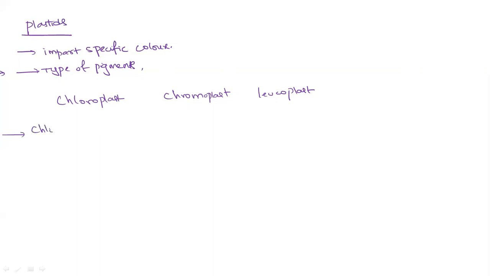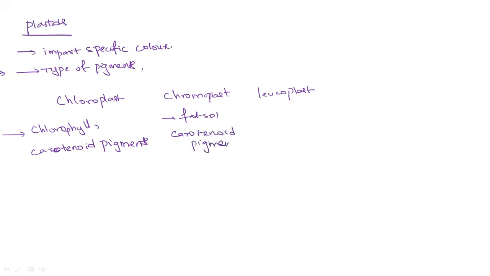Chloroplasts contain chlorophyll and carotenoid pigments, whereas chromoplasts contain fat-soluble carotenoid pigments like carotene and xanthophylls.